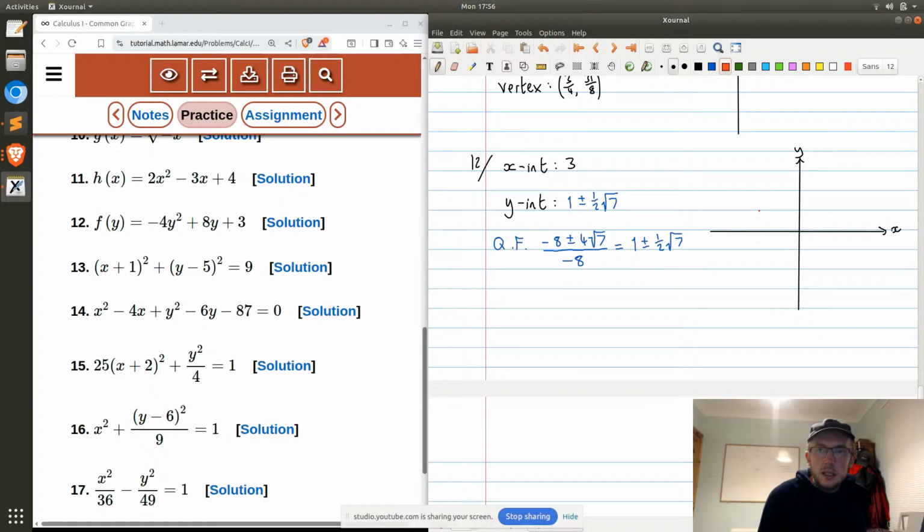But you need the vertex. It's just in the middle.